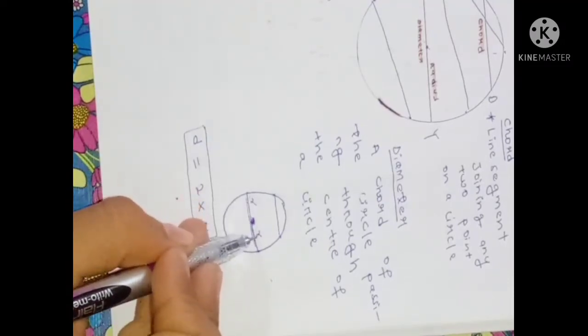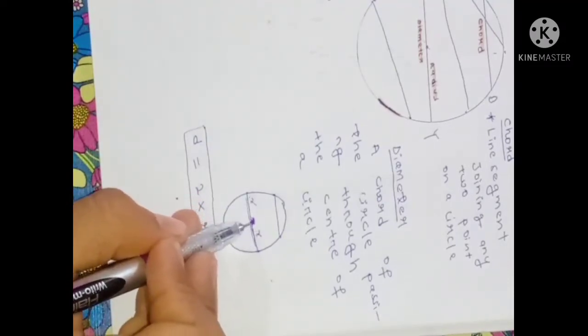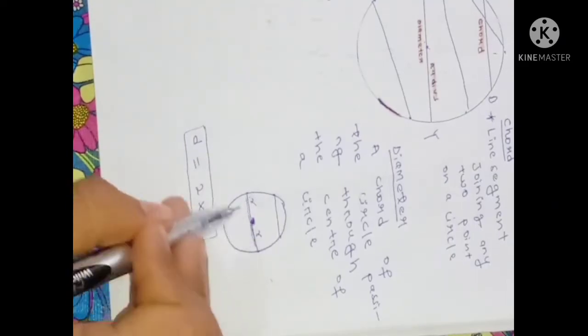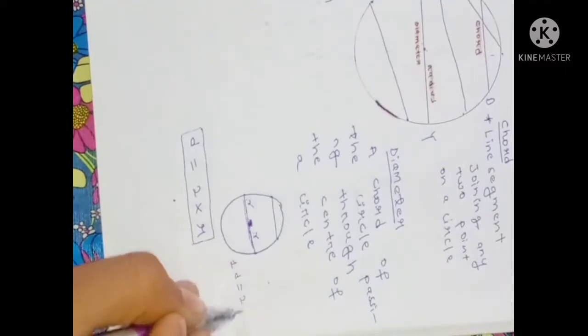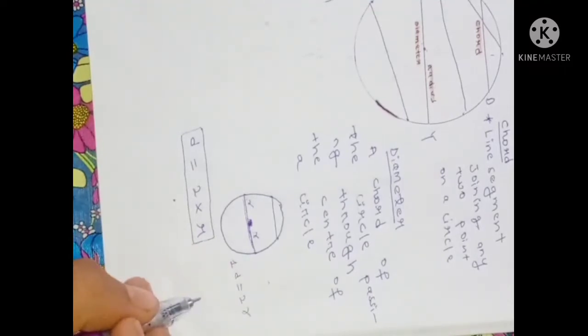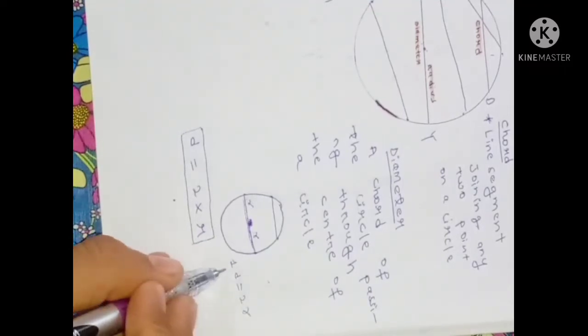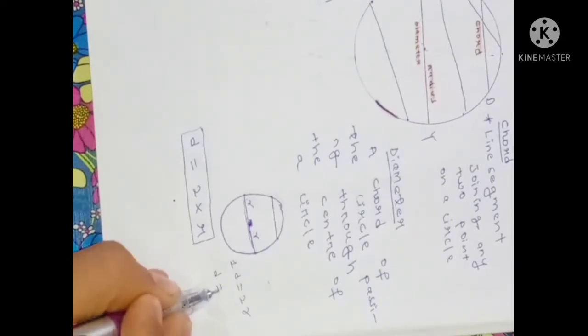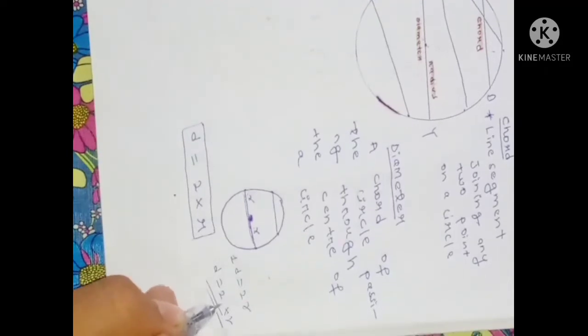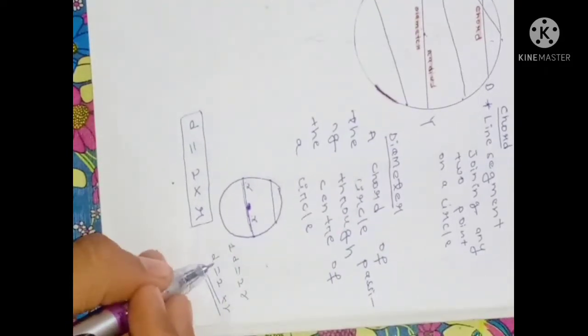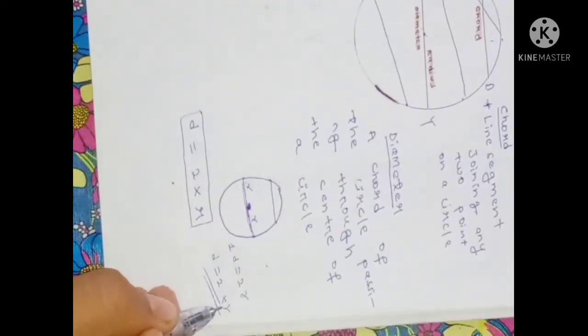These two radii are called the radii of the circle, and finally in one diameter we found two radii. So this one diameter can be written as D, and two radii can be written as 2 into R. So finally we got this formula: D is equal to 2 into R.